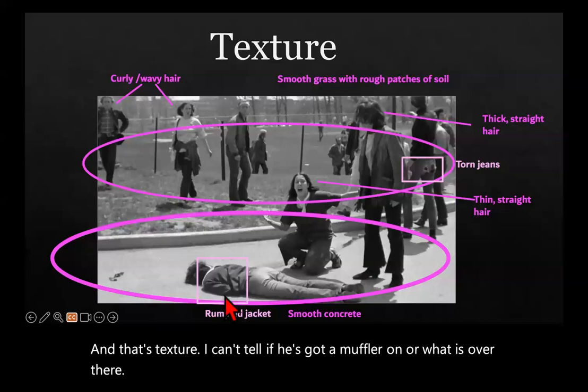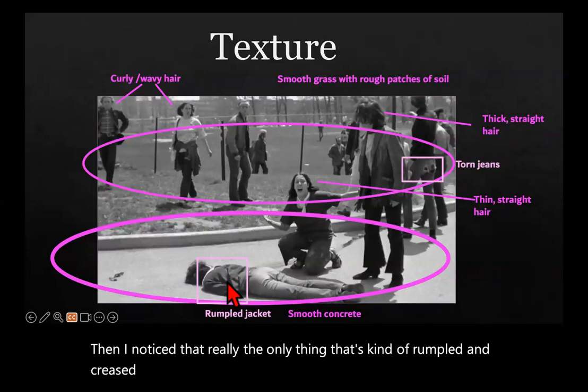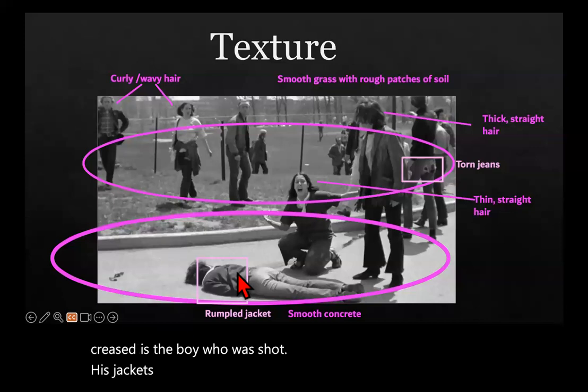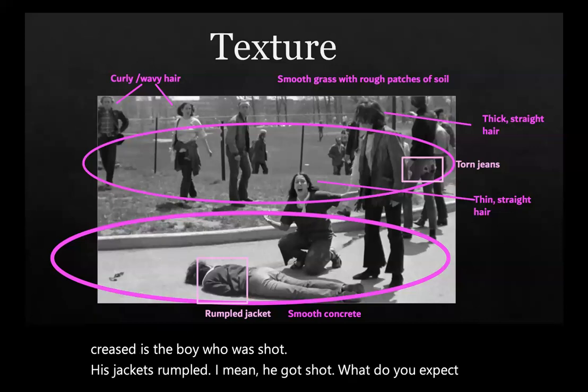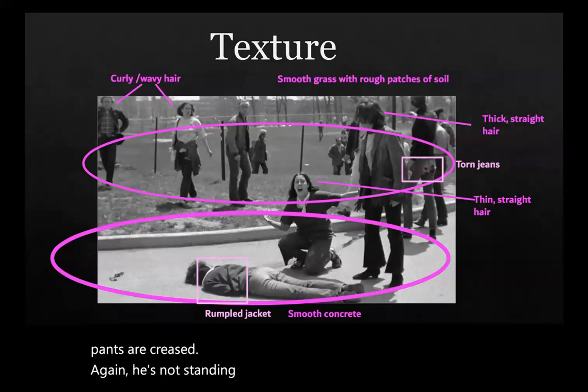Then I noticed that really the only thing that's kind of rumpled and creased is the boy who was shot. His jacket's rumpled. I mean, he got shot. What do you expect? His pants are creased. Again, he's not standing up. He's dead.